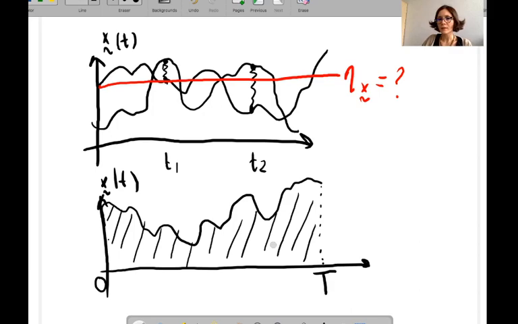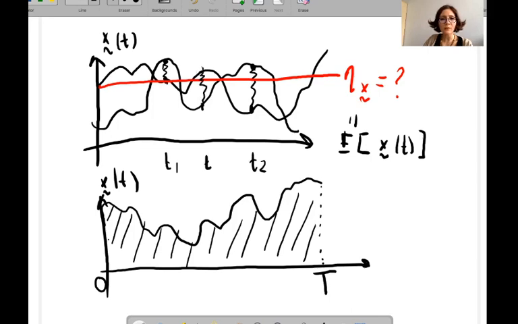The first one, the mean of the random process, is equal to the expected value obtained by looking at your random process at a single time instant t. So you're actually looking at a random variable, and you can do this at any t value. For any t value you get a random variable.